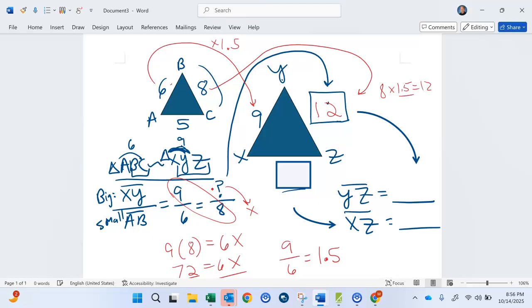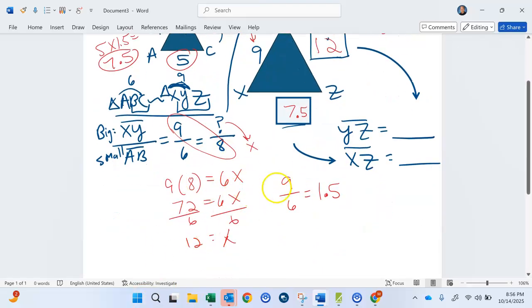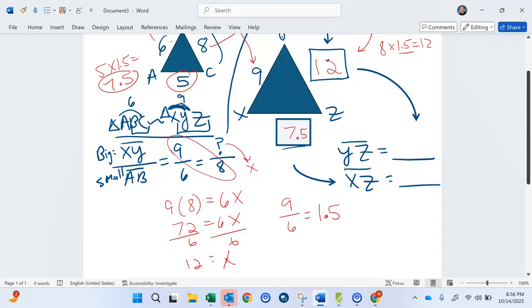We could do that if we wanted. Then we could take this 5 over here and go 5 times 1.5 equals 7.5. So that would be this one. So this is going to be 12, and this is 7.5.